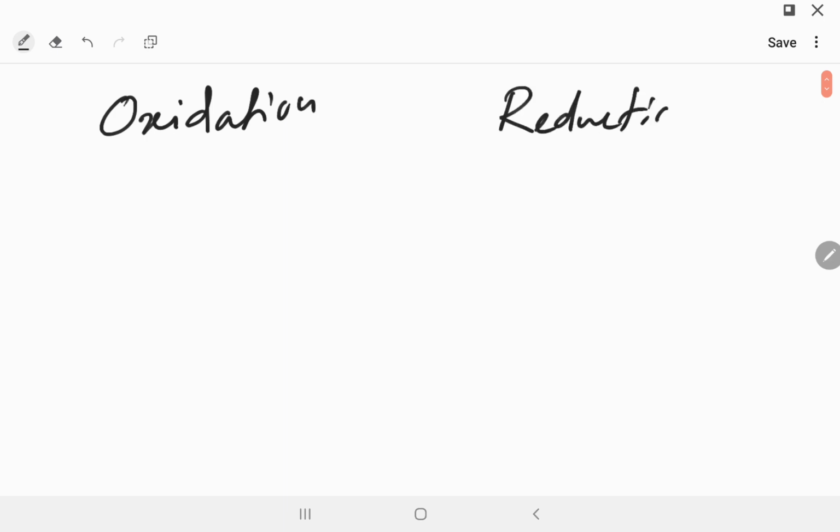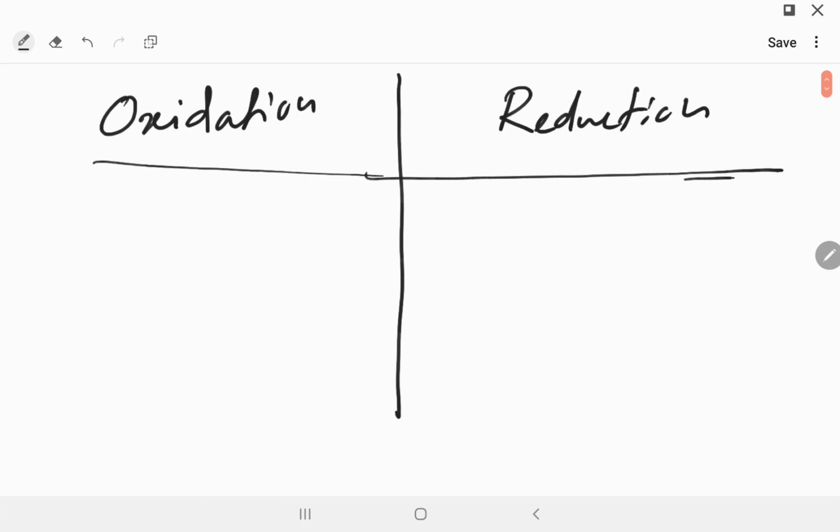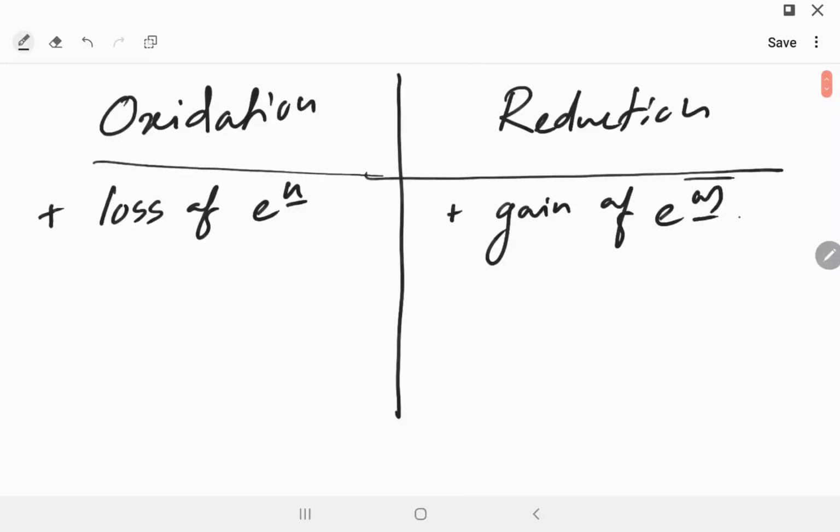During oxidation, atoms lose electrons. Reduction is the opposite, so it will be a gain of electrons. Similarly, oxidation can be defined as adding oxygens, and reduction can be defined as removing oxygens.